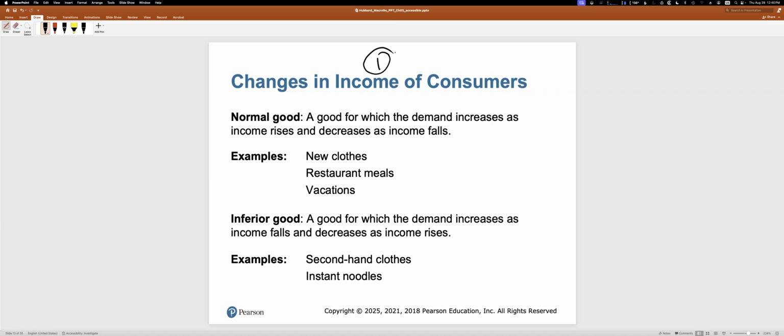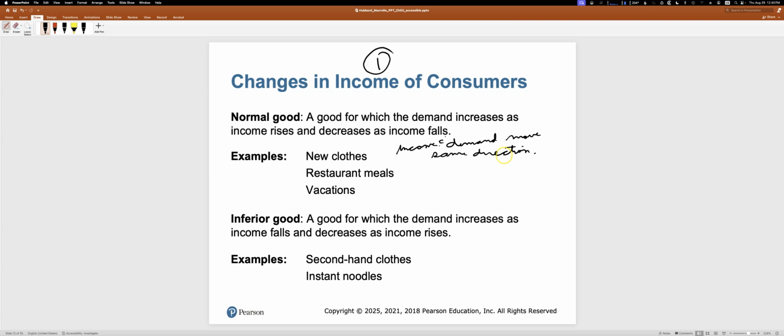And what we see is that most goods are what we would call normal goods, meaning that income and demand move in the same direction.